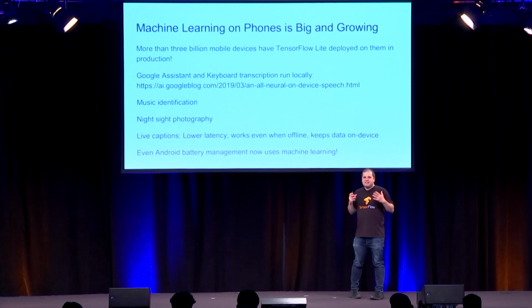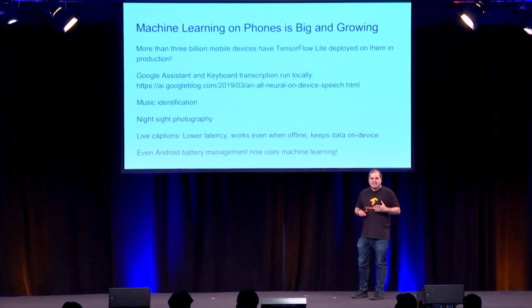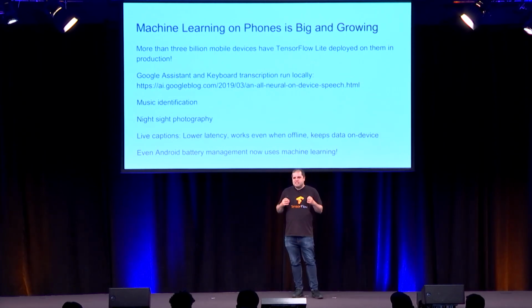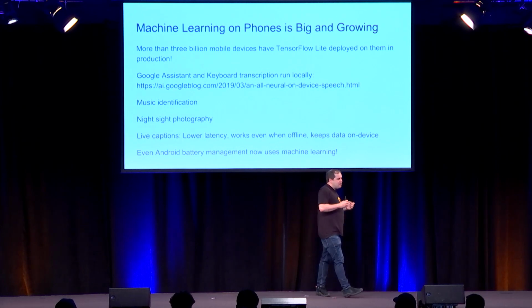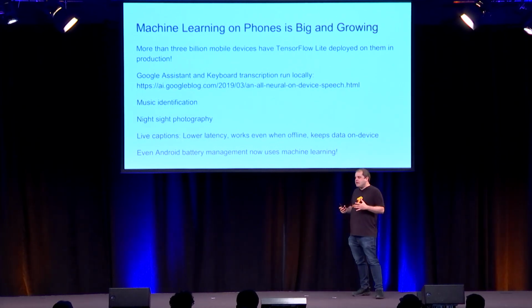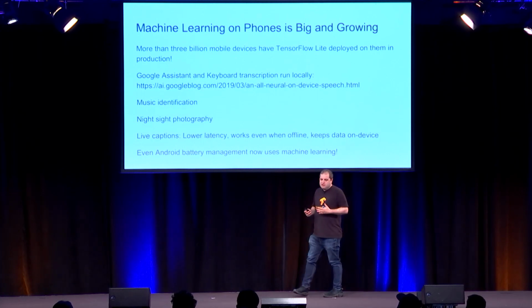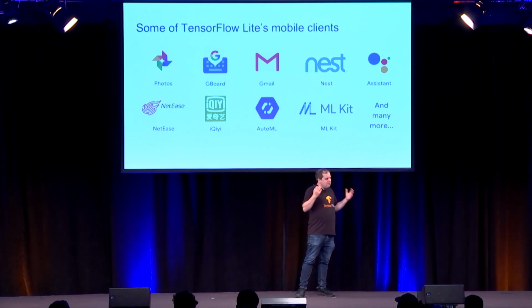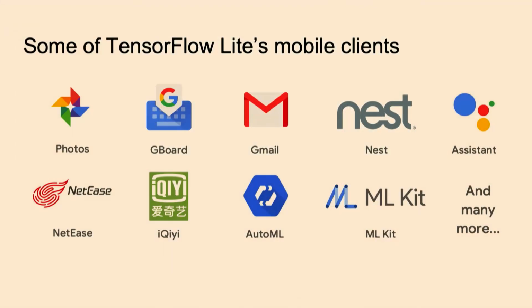Even for things you might not think would involve machine learning, like extending the Android phone's battery life, is powered by some really clever machine learning to figure out which apps you're likely to use again and which you aren't, so it can shut off apps that you aren't likely to be opening anytime soon and have a significant impact on extending battery life. And just to back that up, here are just some of the clients that are using TensorFlow Lite on the phone.